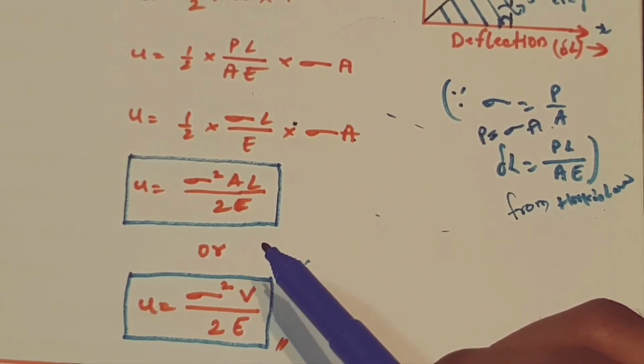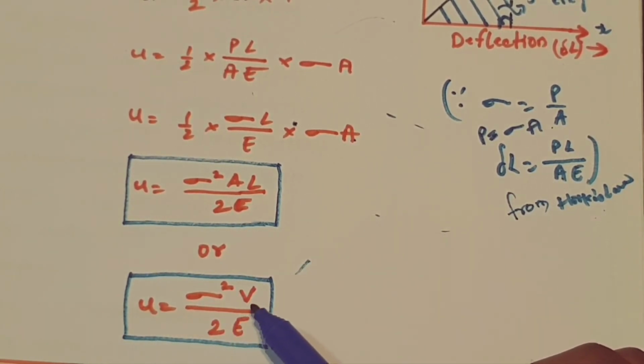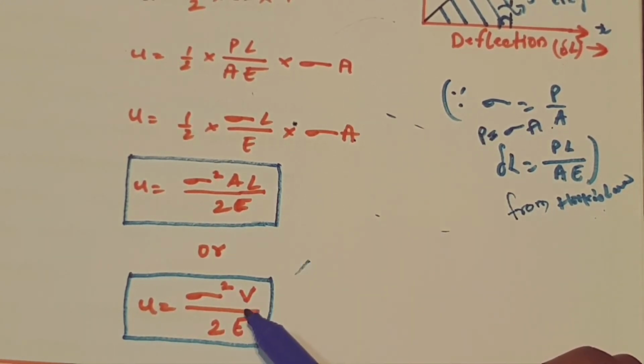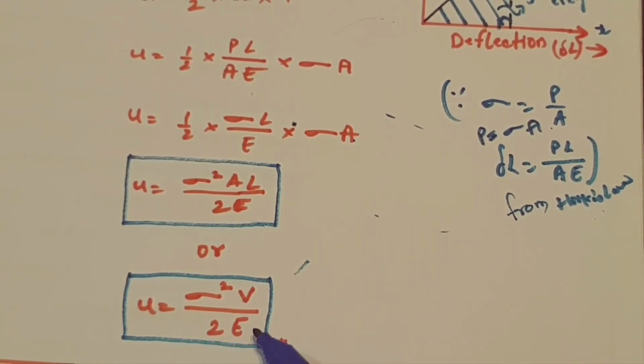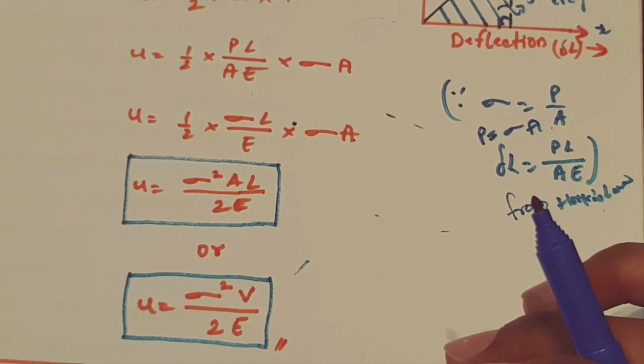Or we can also write strain energy is equal to sigma square by 2E into area into length, which gives volume, so sigma square by 2E into V. So this is how we derive the strain energy formula.